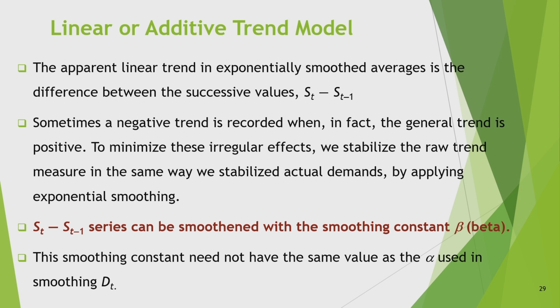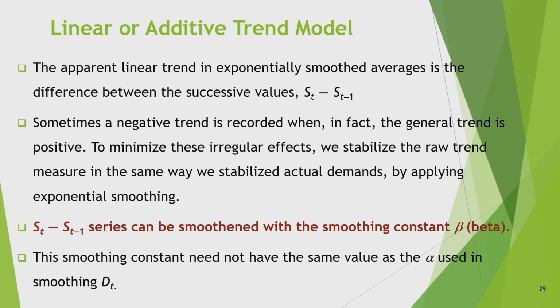We can put more complicacy. We can have linear or additive trend model, ratio seasonality model, additive trend and ratio seasonality model, initialization, adaptive methods. So, let us talk about linear or additive trend model. The apparent linear trend in exponentially smoothed average is the difference between the successive values; st minus st minus 1 gives an idea about linear trend.